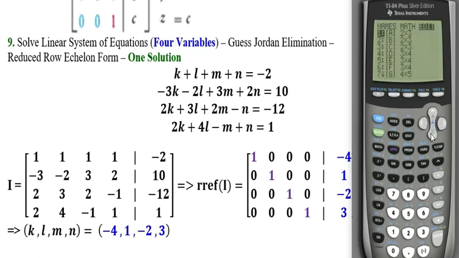Edit, create matrix I, and it is 4 by 5.